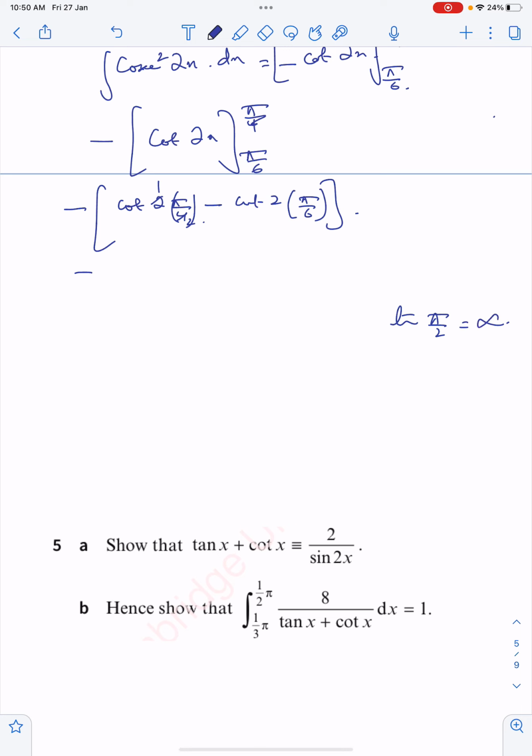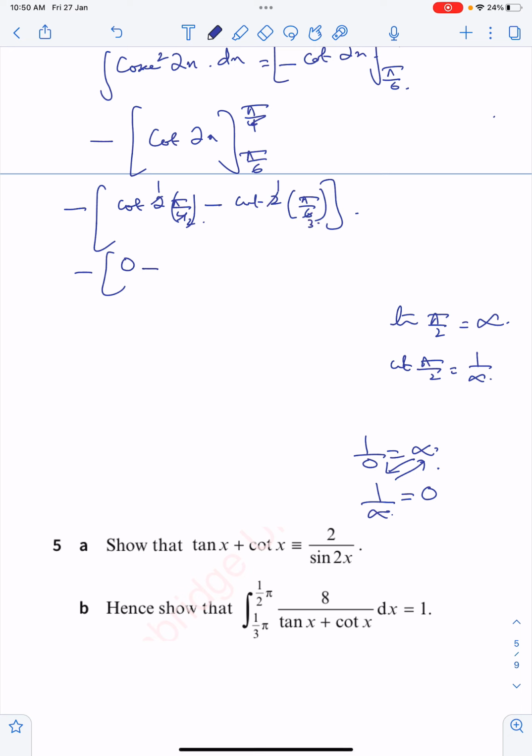So cot of pi by 2 is equal to 1 upon undefined. 1 upon undefined is going to give you a 0. So this is 0 minus cot of pi by 3.